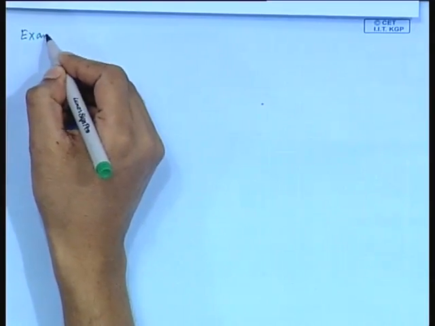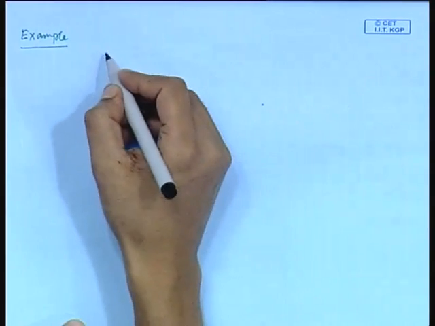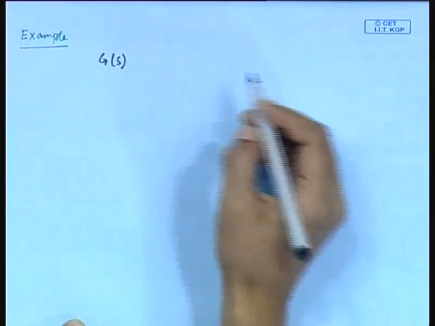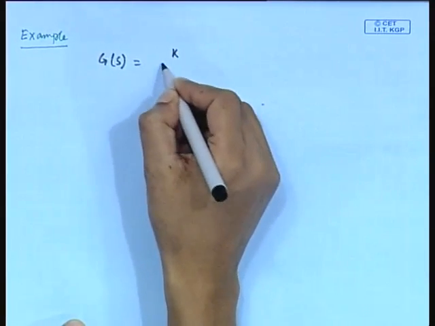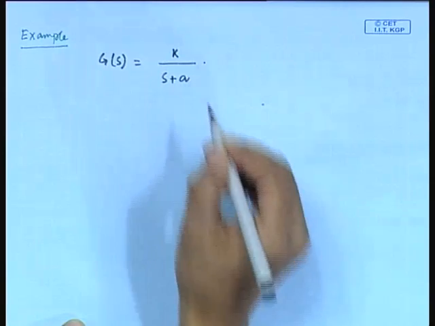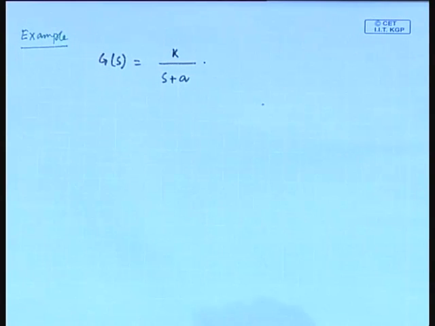Now, we will take one simple example, one simple transfer function that we have discussed earlier, that is G(s) equals k divided by s plus A. Fine. So, is this a stable system or unstable system?